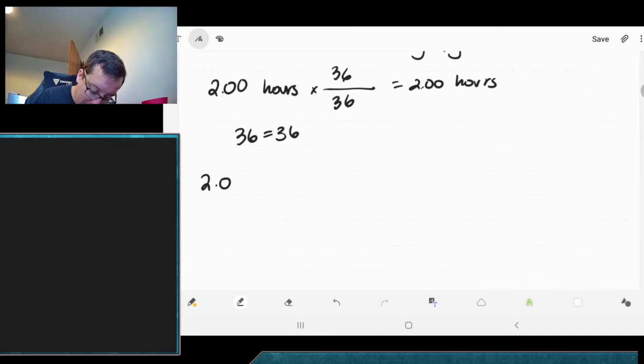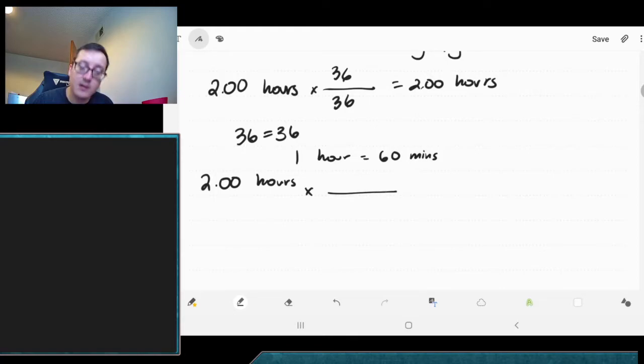So, because 1 hour equals 60 minutes, well, I can go ahead and actually use that equality as a fraction now. Like in the upper one, I use 36 equals 36 as an equality for some reason. That one's not a helpful bit, but this other one could be.